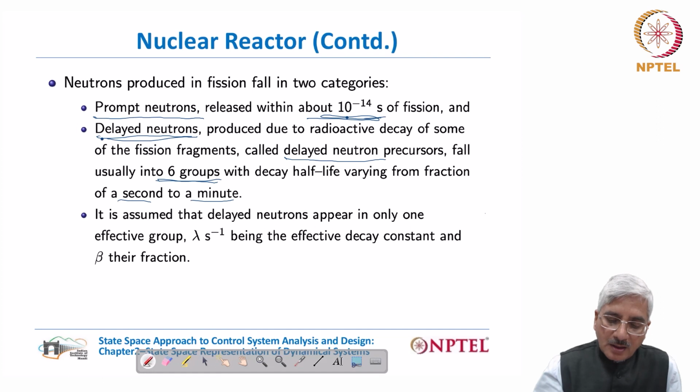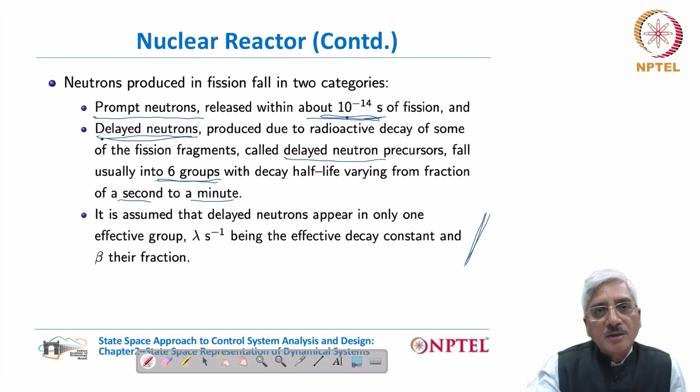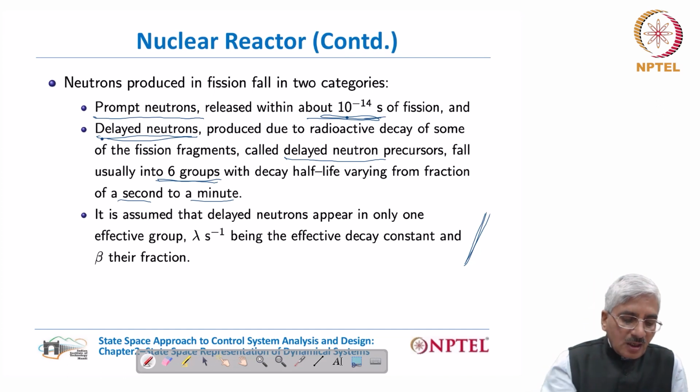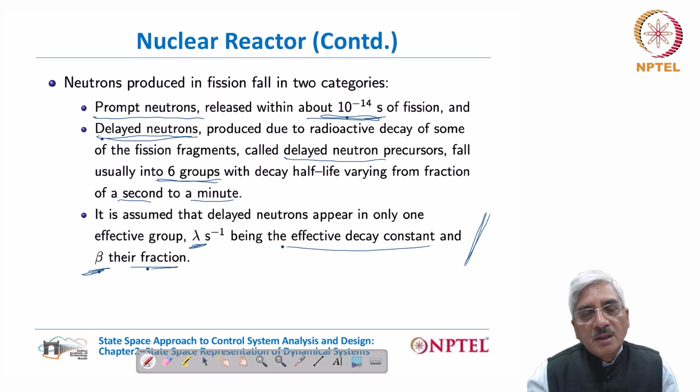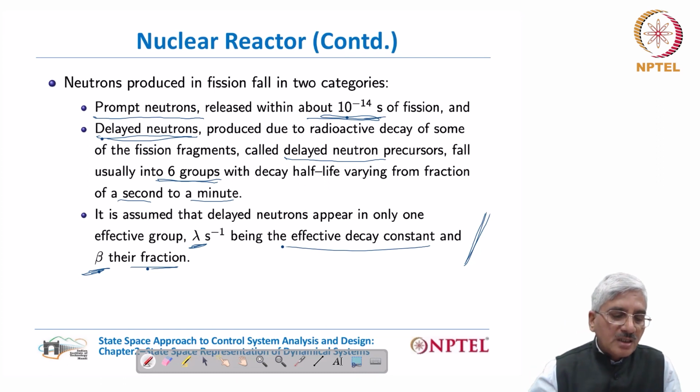However, one assumption is usually made that all these 6 groups of delayed neutrons can be combined, they can be considered as coming from only one effective delayed neutron precursor, with the effective parameters being lambda and beta. Lambda being the effective decay constant and beta being the fraction. So what we say is that fission neutrons in a nuclear reactor, many of them will be prompt neutrons and some of them will be delayed neutrons.